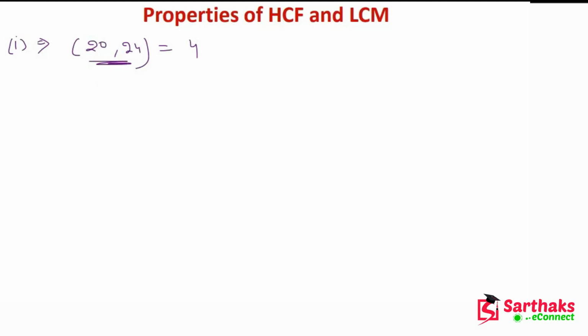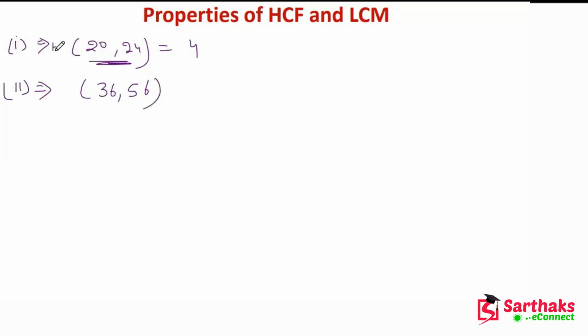Now the second property says that the LCM of given numbers is not less than any of the given numbers. Let's suppose the LCM of 36 and 56.